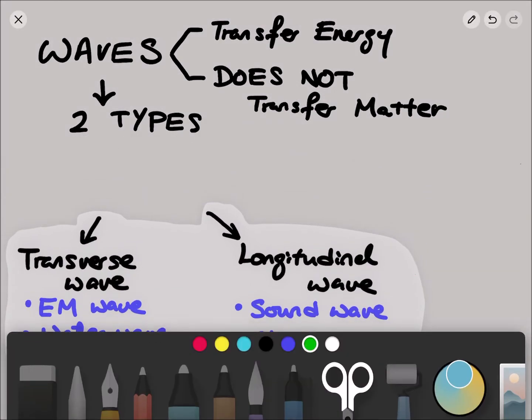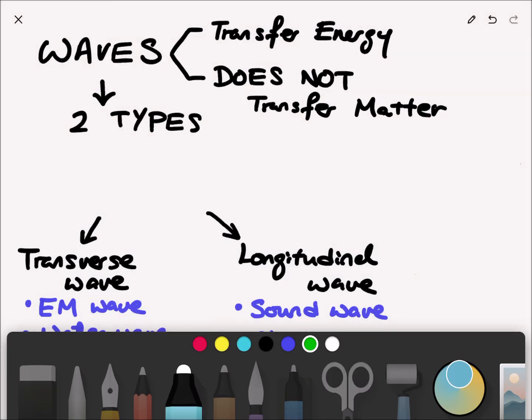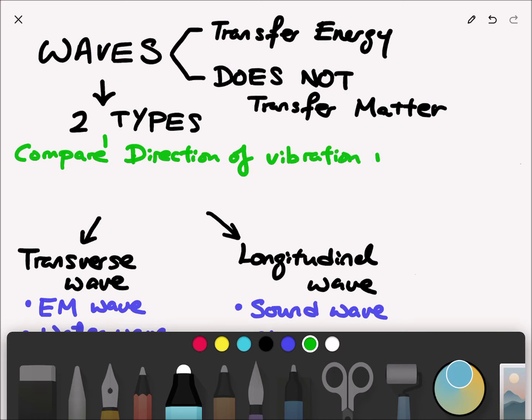Okay, so to decide whether something is transverse or whether it is longitudinal, basically we need to compare the direction of vibration versus the direction of wave travel or wave motion.